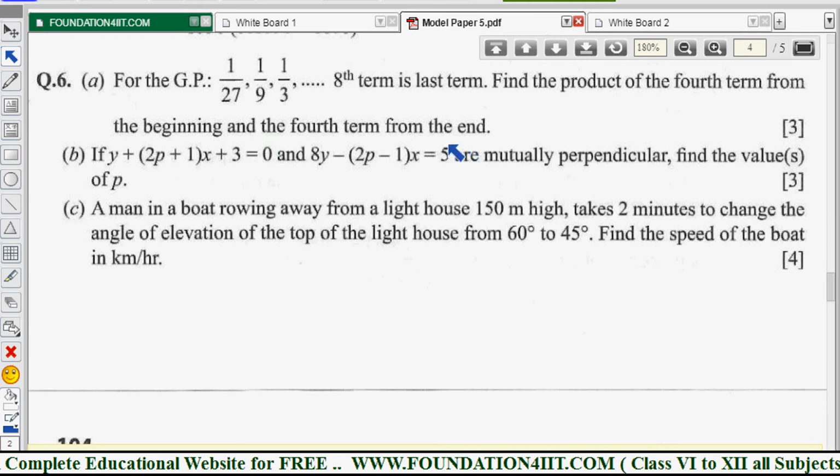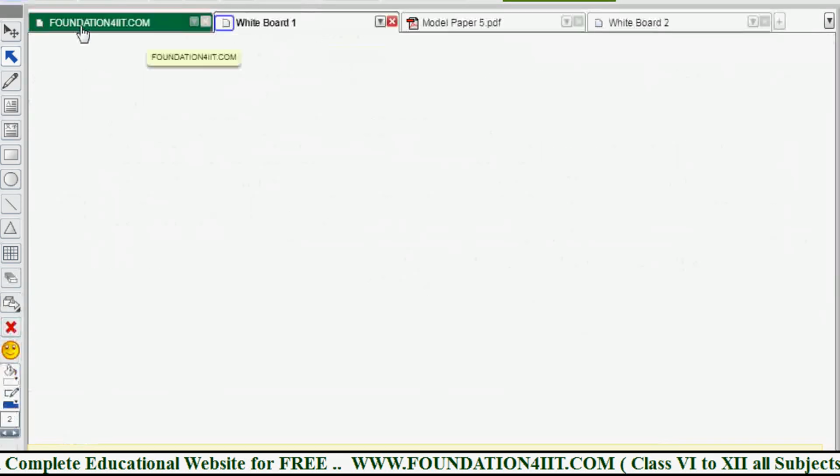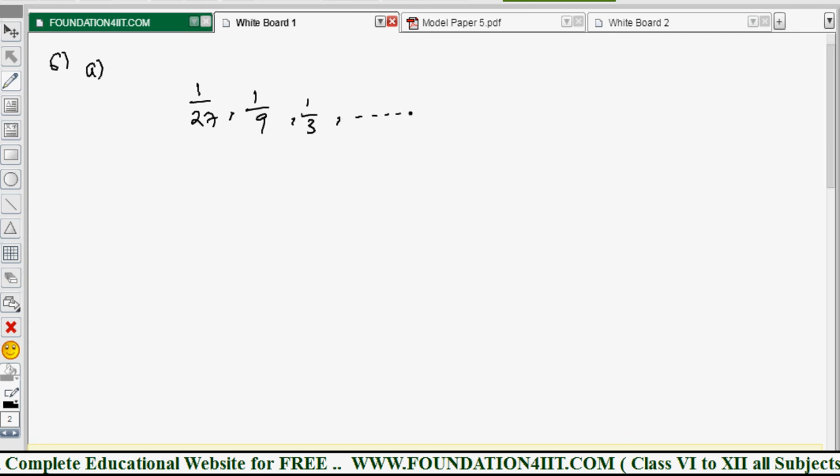So let's take the given sequence first. The 8th term is the last term in the given GP already. So the given sequence is 1 by 27, 1 by 9, 1 by 3 and so on.